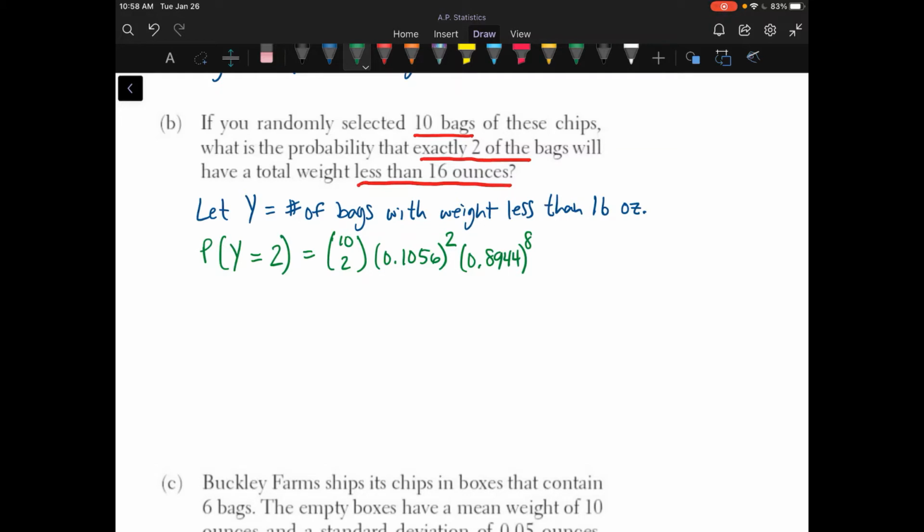I have 2 successes, 8 failures, essentially. And running this through a calculator, we will get 0.2055.